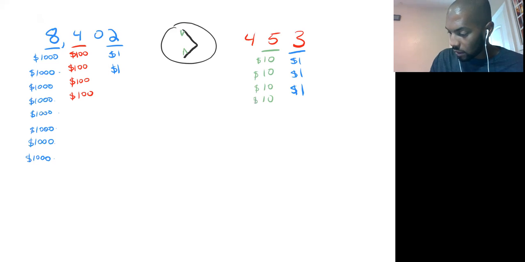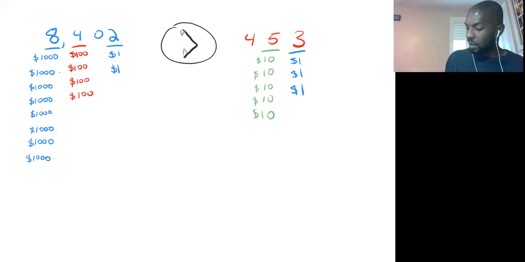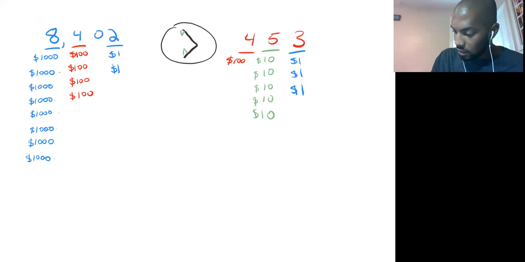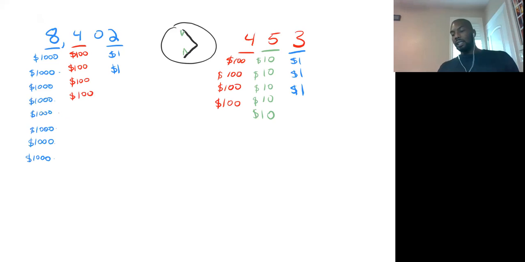And then my 4 is worth 400. And clearly I don't have any thousands, so it can't even come close, right? So I've got 8,402 versus 453.